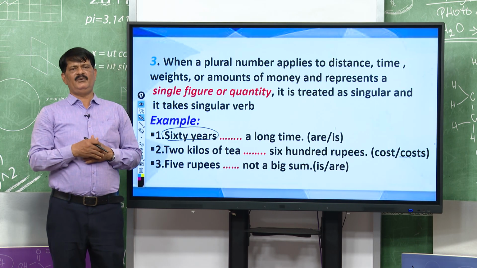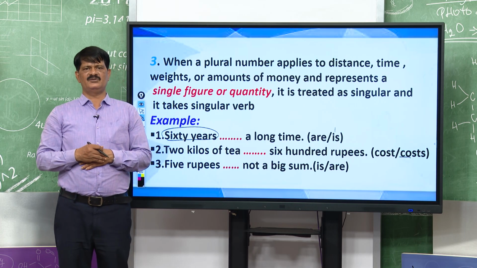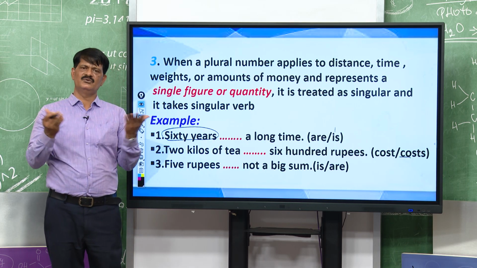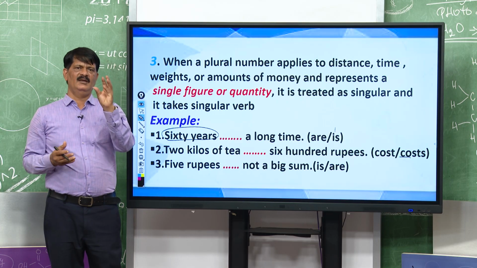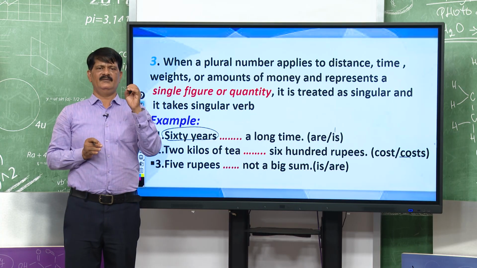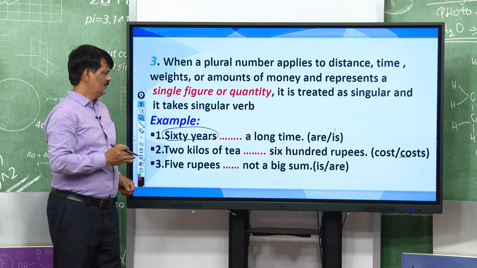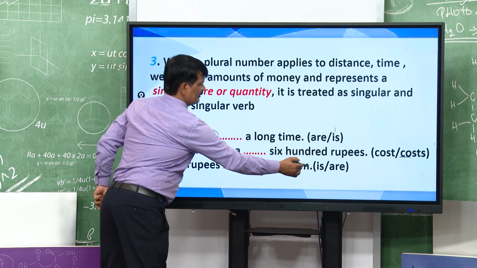So your answer will be "costs". Then the third example: 5 rupees dash, not a big sum. 5 rupees is a single figure, so your answer will be "is".